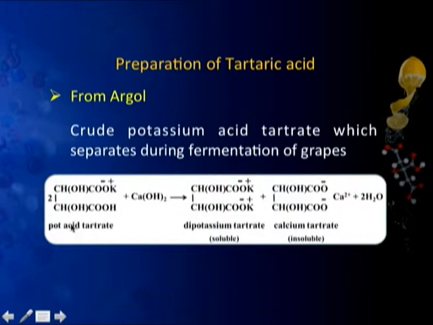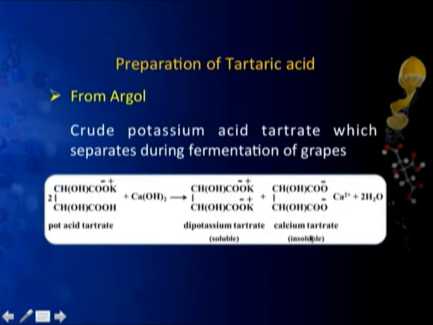This potassium acid tartrate is treated with calcium hydroxide, that is lime. Now, what happens? Half of these molecules get converted into the potassium salt and half into the calcium salt.